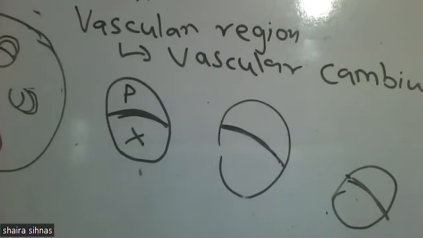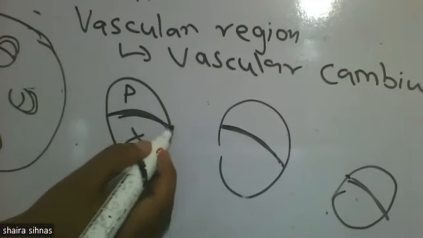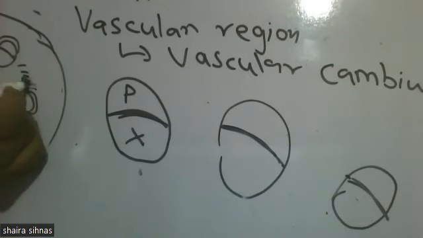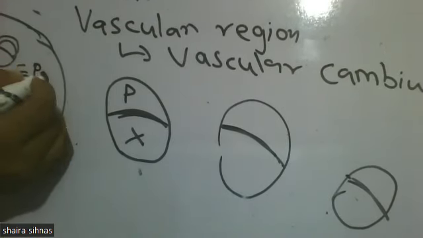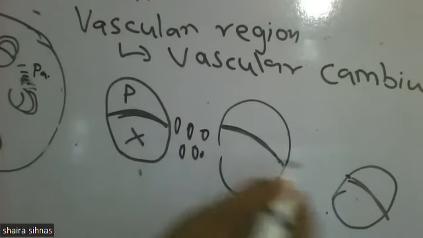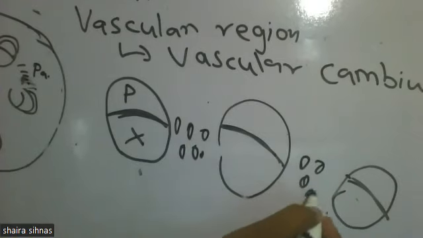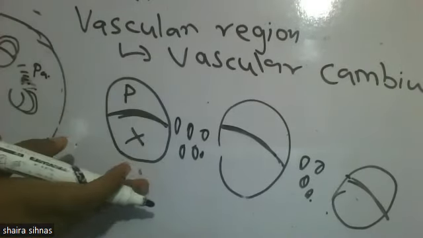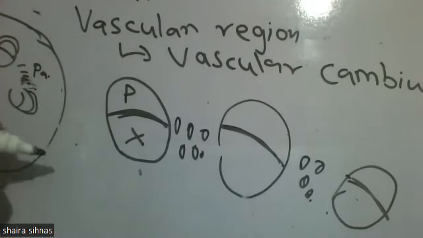Now what is going to happen is, in between these, as we learned yesterday, we have the parenchyma cells. So in between these, we have the parenchyma cells. Here also we have the parenchyma cells. Now parenchyma is a permanent tissue, right? Already we have learned that parenchyma is a permanent tissue, right?